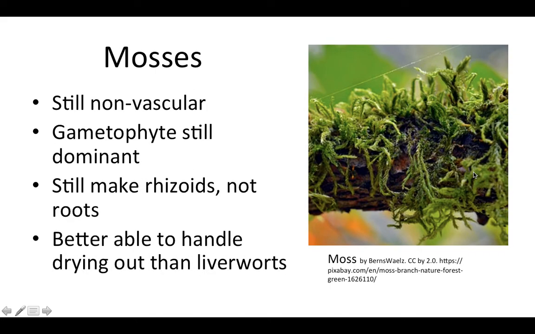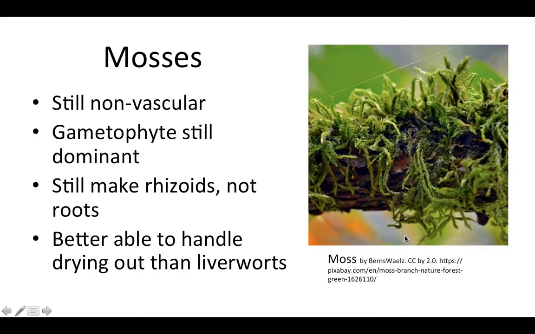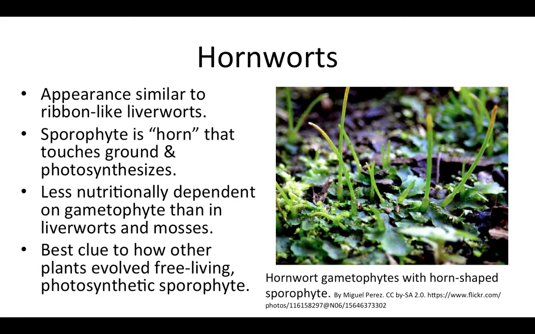So if we compare the liverwort here with its tiny sporophyte hanging downwards to this moss with its larger sporophytes pointing upwards, we're getting a little bit closer to most other terrestrial plants.